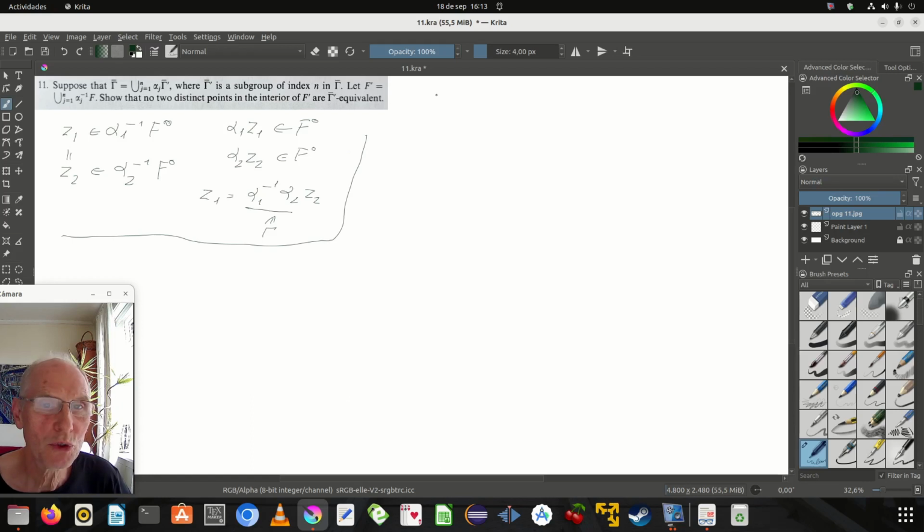So now assume that Z1 lies in alpha j to the minus first F and alpha j to the minus first F, two distinct components.